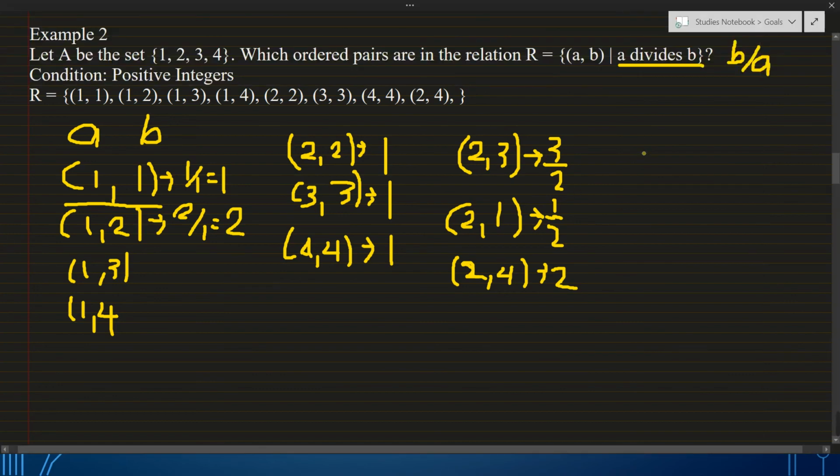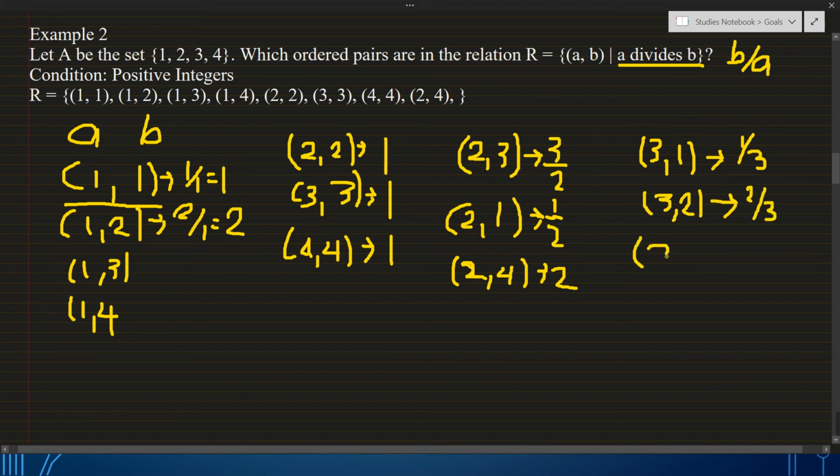Next, we go to 3. Is (3, 1) included there? No, because the quotient is 1 over 3. How about (3, 2)? No, because the quotient is 2 over 3. Next, (3, 4)? No, because the quotient is 4 over 3.